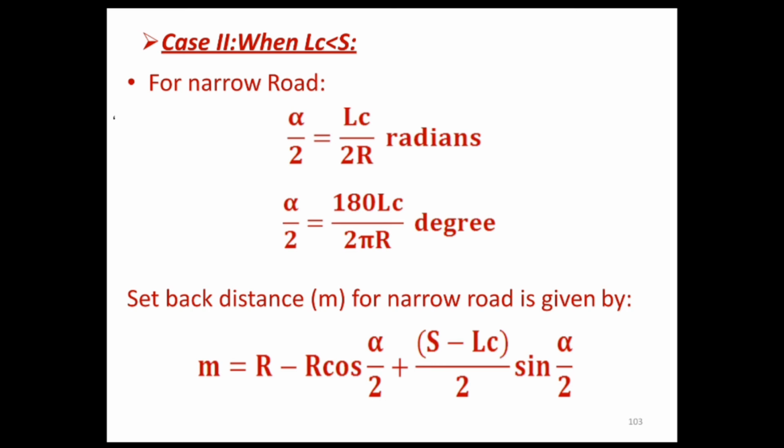The clearance of the obstruction up to the setback distance is important where there is a cut slope on the inner side of the horizontal curve.